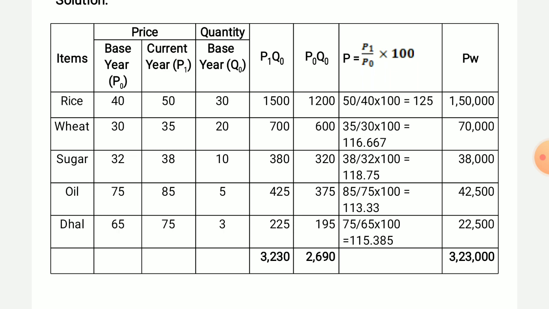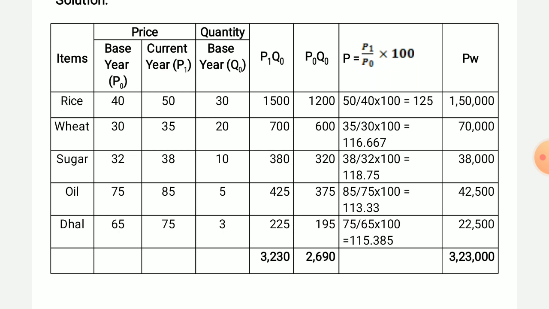So here we can construct indices or index numbers by using the family budget method, means the aggregate expenditure method, by applying any one of two formulas.